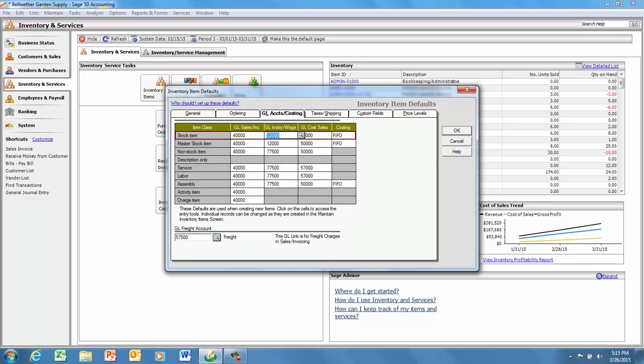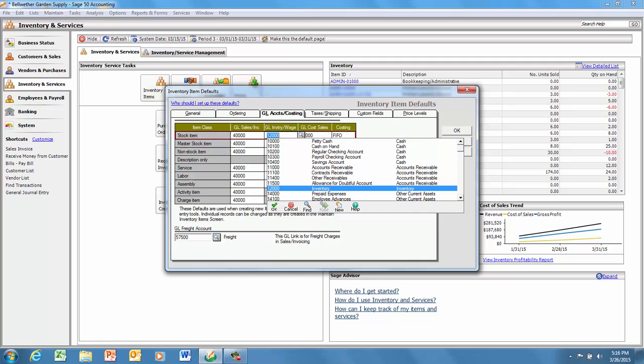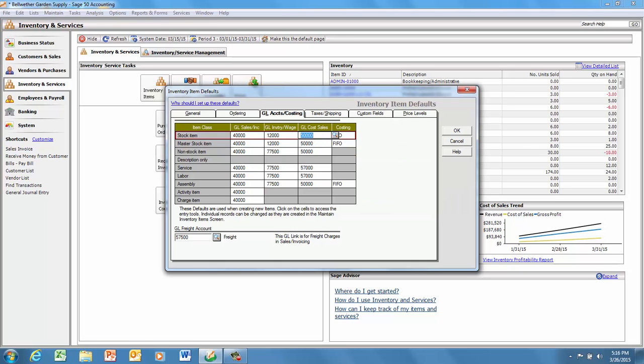This is saying what inventory account do you want to use whenever we buy this stuff. And so for stock items, we want to use 12,000, which is the inventory account.